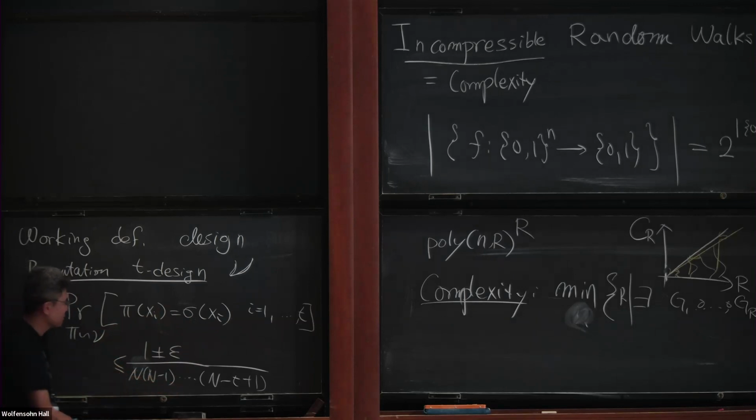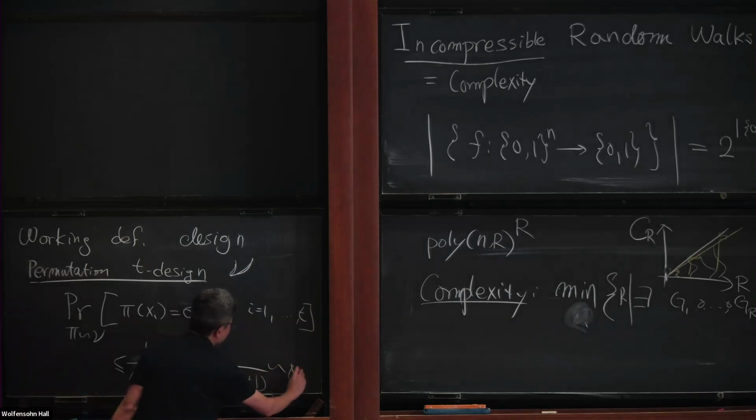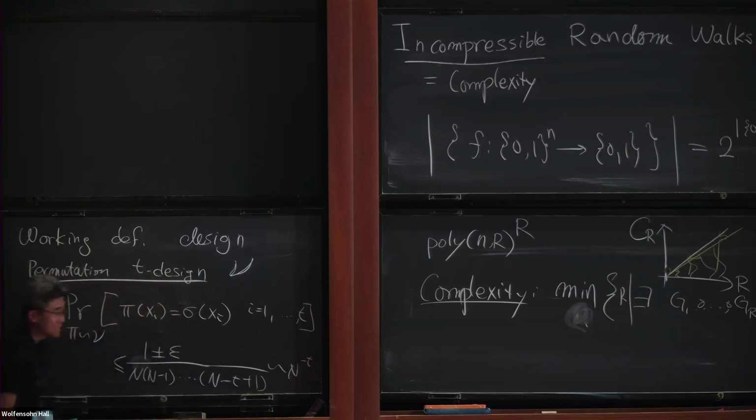So this is roughly n to the minus t. And this is my working definition for permutation t design. I do not wish to motivate why I care about this, but this is my working definition.